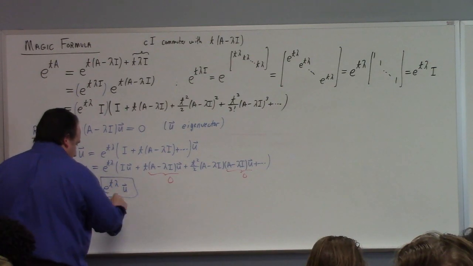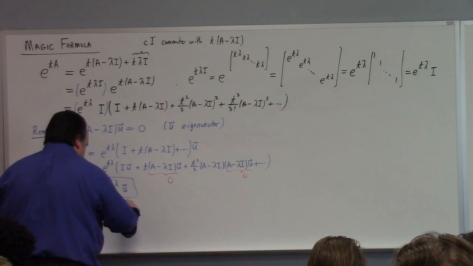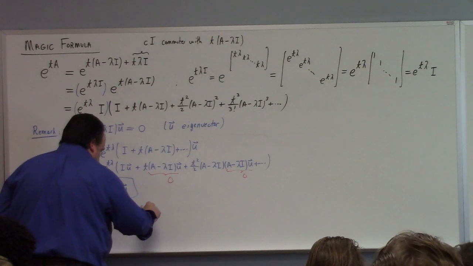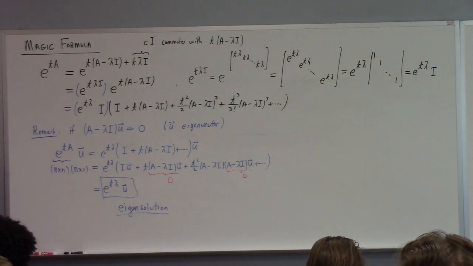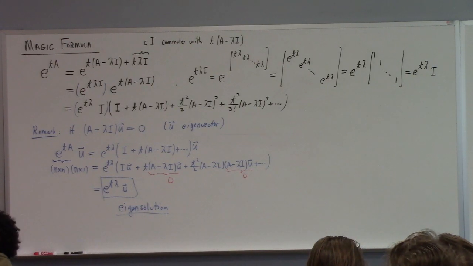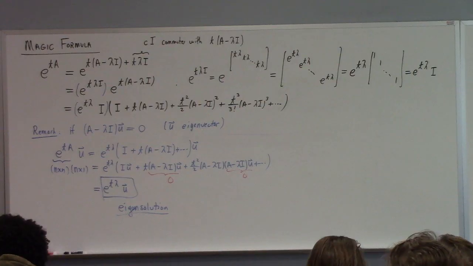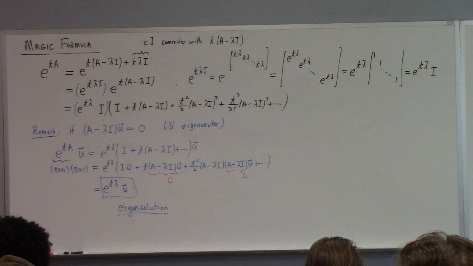This is our eigensolution. We already knew about this. We've been finding these already. We've been using these to construct our solutions, right? But if you take the matrix exponential and multiply it on its right by an eigenvector, out pops the eigensolution, right?